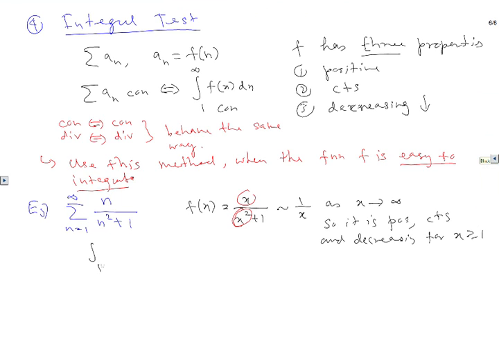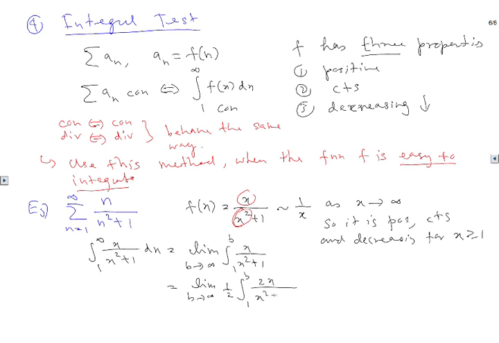What we're going to do is consider the integral of x over x squared plus 1 dx. This is an improper integral, so you need the limit definition. It is the limit as b goes to infinity of the integral from 1 to b of x over x squared plus 1. This is very easy to integrate. Normally we take the 1/2 out and put 2 in, because that's the derivative of the bottom function.